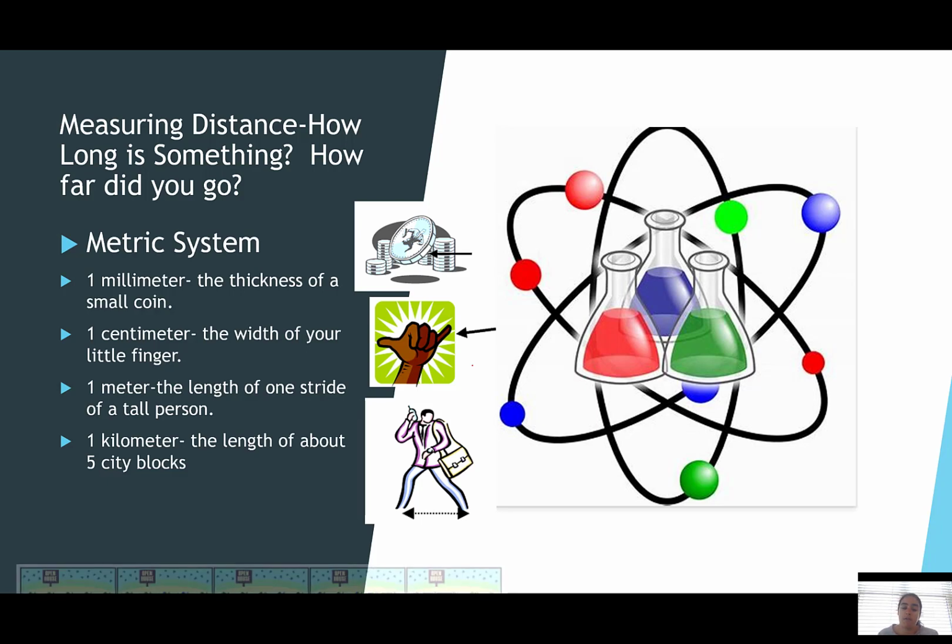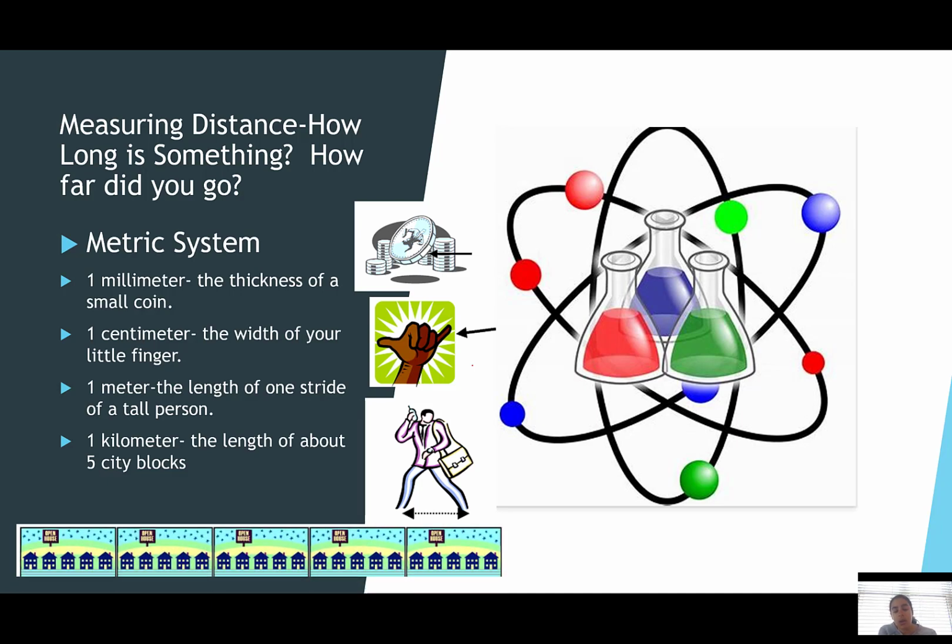So if you're walking 5 blocks from your house away, that's about 1 kilometer. So again, these are the units of the metric system. You have a millimeter, a centimeter, a meter, and a kilometer. And if you notice something, it all comes back to this word meter, which we're going to begin to talk about today and really talk about a lot more on Thursday.